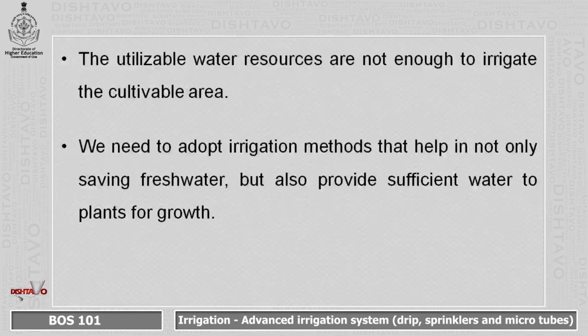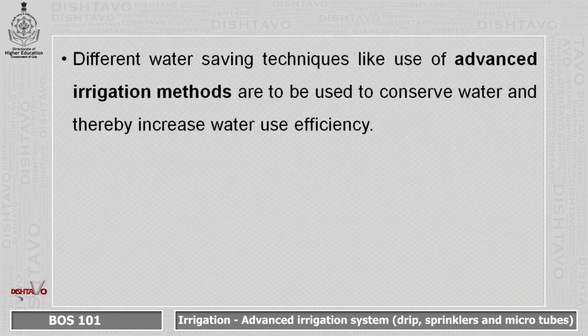So, we need to adopt irrigation methods that help in not only saving fresh water but also provide sufficient water to plant for growth. Different water saving techniques like use of advanced irrigation methods are to be used to conserve water and thereby increase water use efficiency.